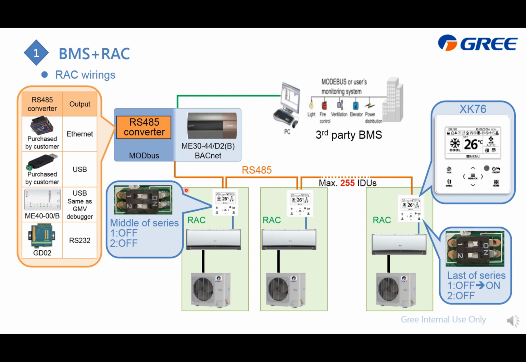As for this RS485 converter, if you choose from Gree, we can provide you this ME40 and GD02. These two, according to the output, are USB and RS232. You can also buy from your local market.